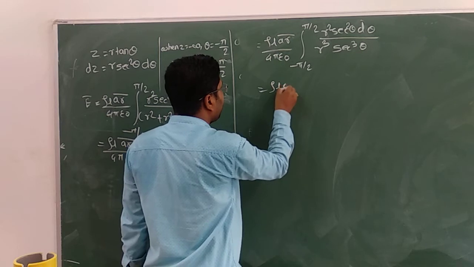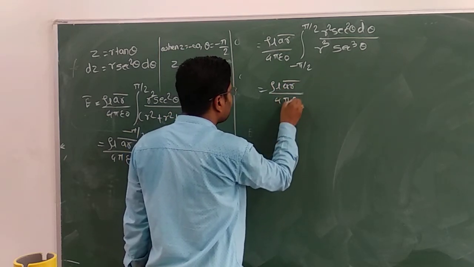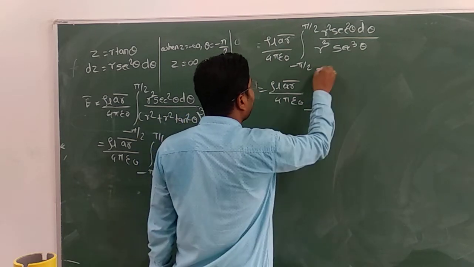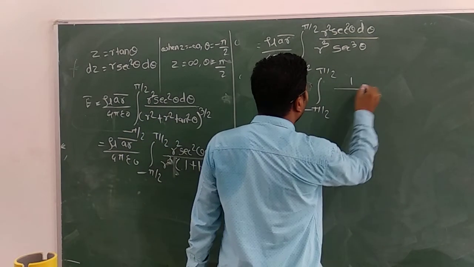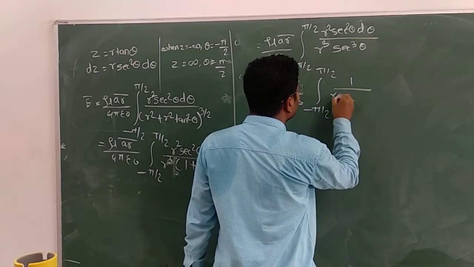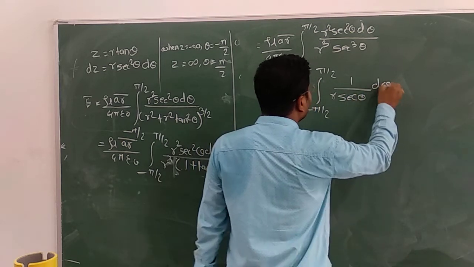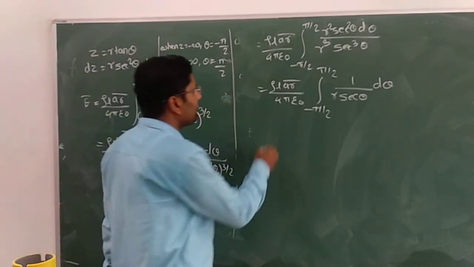So rho L AR bar divided by 4 pi epsilon 0, from minus pi by 2 to plus pi by 2, 1 upon r sec theta d theta. 1 upon sec theta means cos theta.